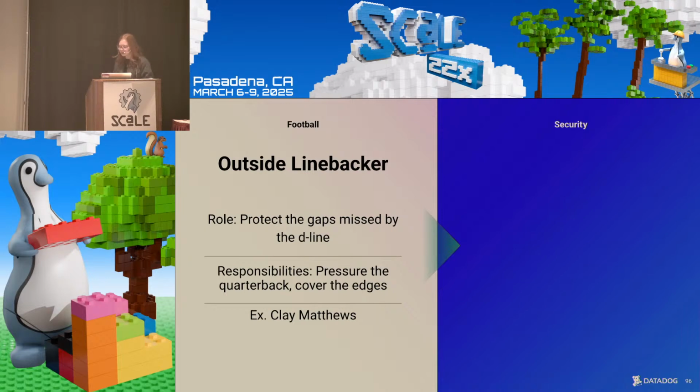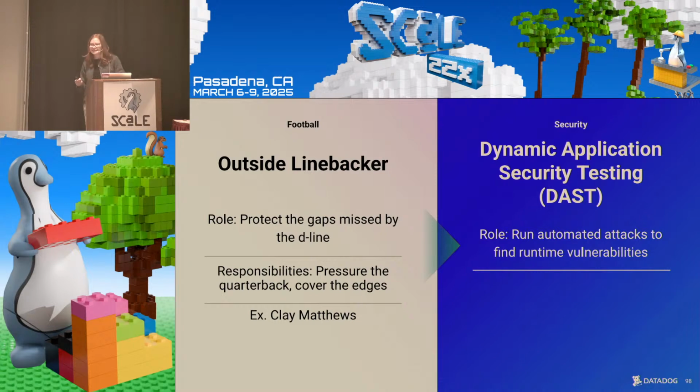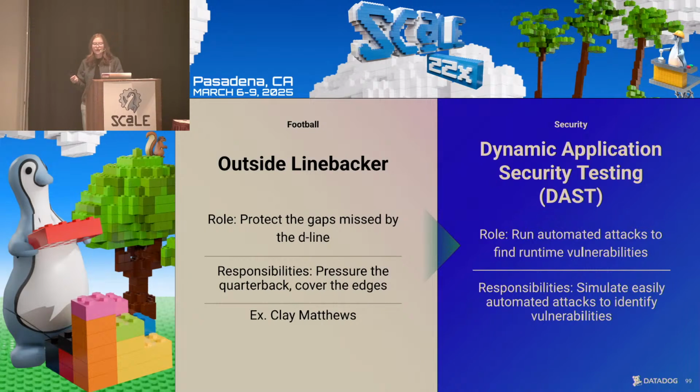of Green Bay. But with that, we've got dynamic application security testing. I promise this is the last AST acronym, but there will be more acronyms because it's security and security likes acronyms. This is an automated attack against the running application. The goal is to find runtime vulnerabilities, and it does this by simulating easily automated attacks.